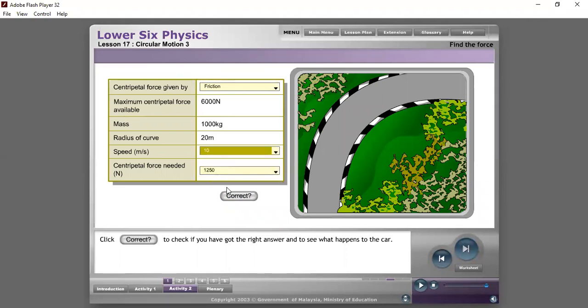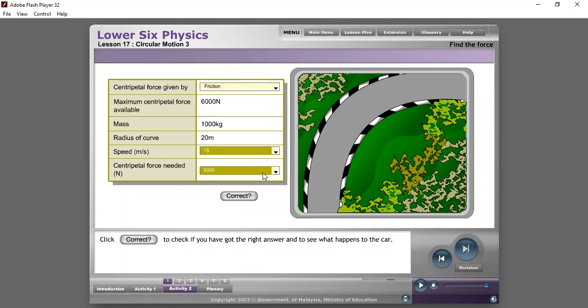If I increase the speed to 10, what will be the centripetal force? That means 1000 times speed 10 squared, divided by the radius. So now it is equal to 5,000. So the car can still follow the path.